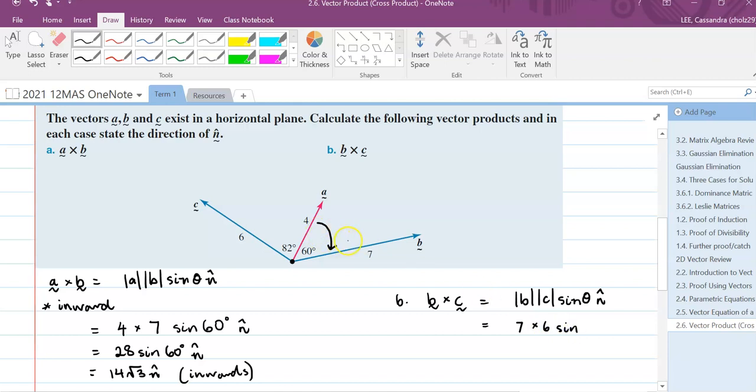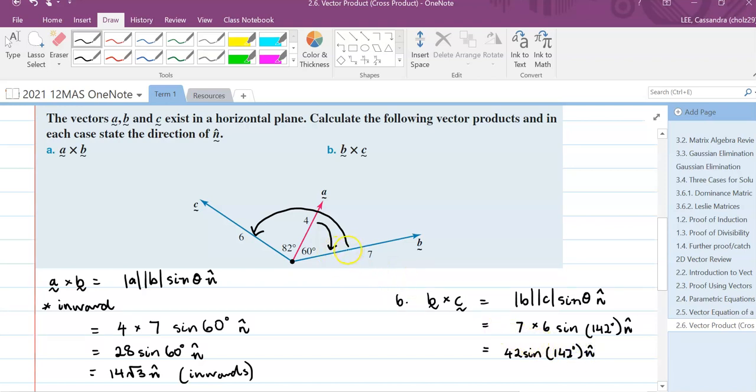And if we have a look at the angle in between, going from B to C here, this is going to be 60 plus 82, so that is going to be 142 degrees, multiplied by that normal vector. So this is going to give us 42 sin 142 multiplied by that vector n.